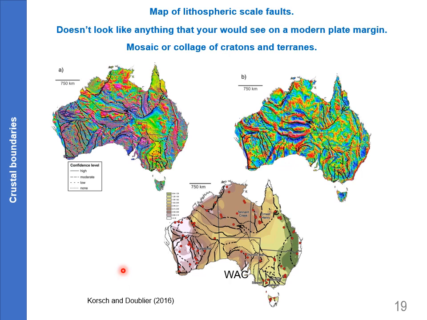So this is the work from Russell Korsch and Dublair from Geoscience Australia, using their best interpretations of where these major crustal features are. And what you see is a pattern that looks nothing like plate tectonics. That provides major hints about what has happened to the craton. The current day architecture is not consistent with plate tectonic elements, so we need to consider that.